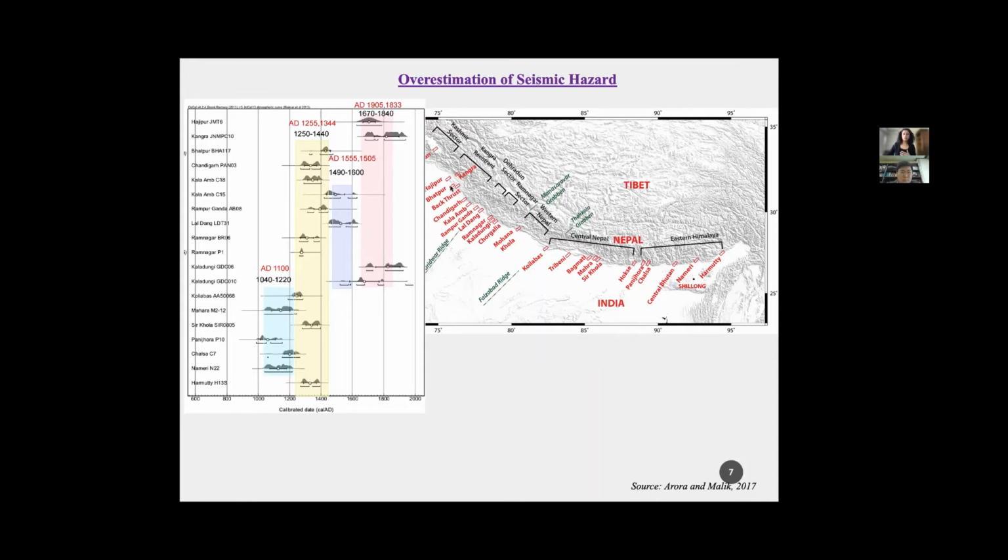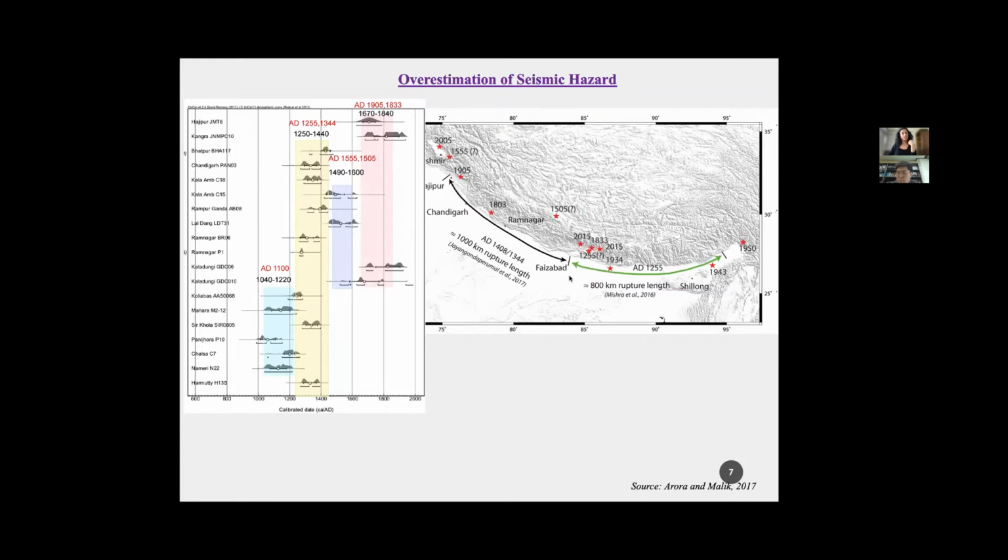May be possible or may not be possible. So some researchers have suggested that the 1344 AD earthquake had a very long rupture length and produced deformation till Hajipur.